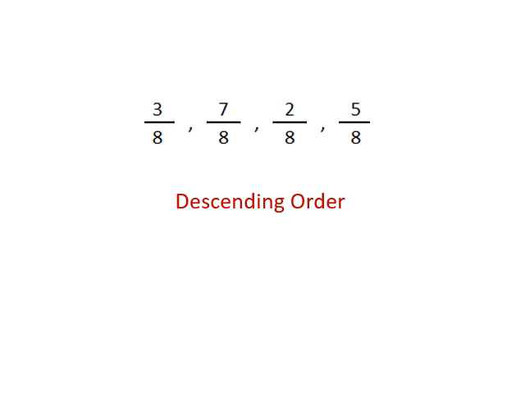So the smallest numerator is your smallest fraction, and the greatest numerator is your greatest fraction. So here 7 by 8 is your greatest fraction, then 5 by 8 is greater than 3 by 8, which is greater than 2 by 8.